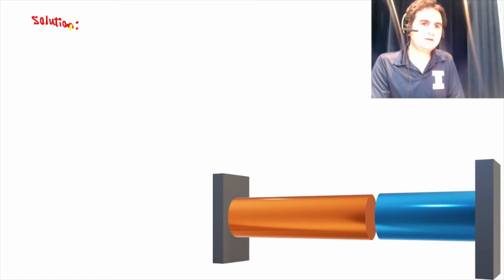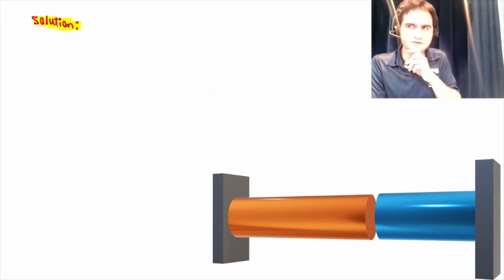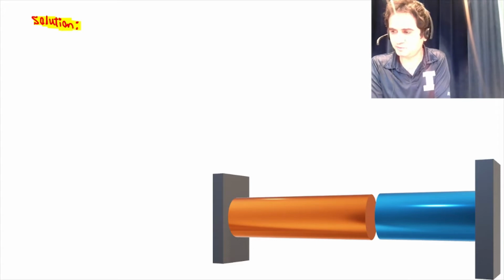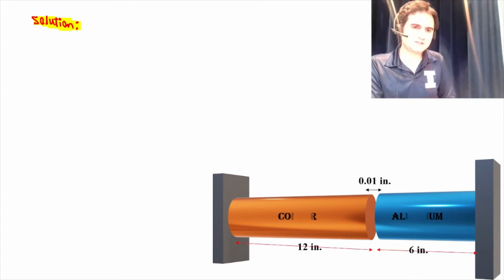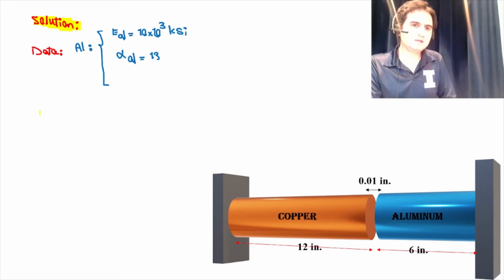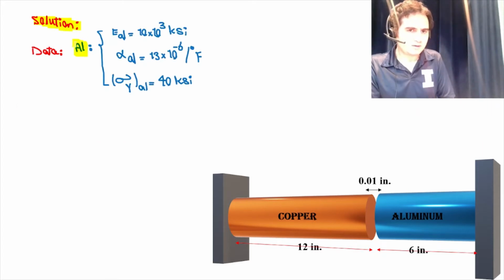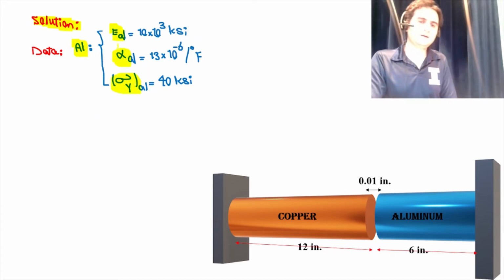In this kind of problem, the very first step is going to the table of material properties within the textbook to see the specifications for the different materials. For example, for aluminum, the modulus of elasticity is 10 to the power 3 ksi.